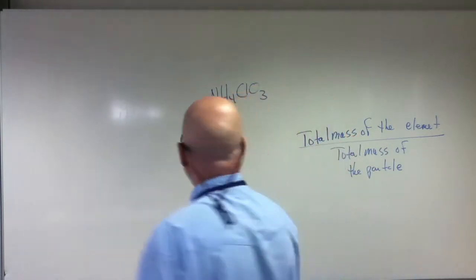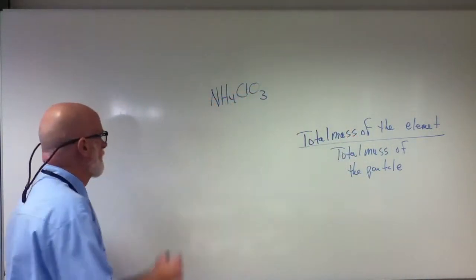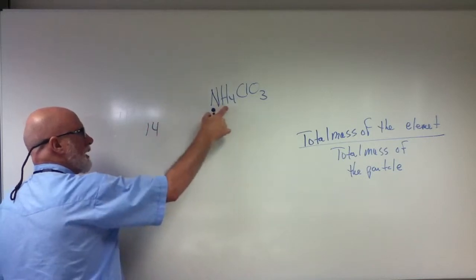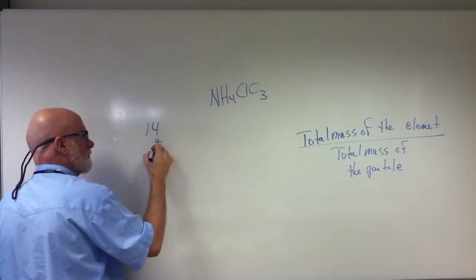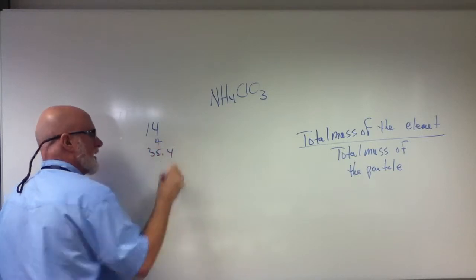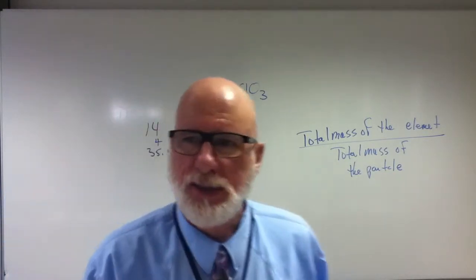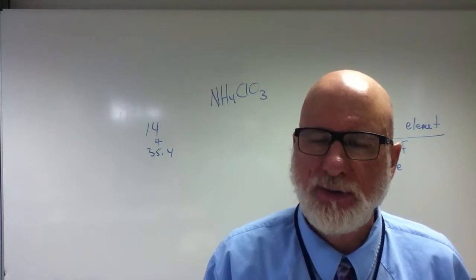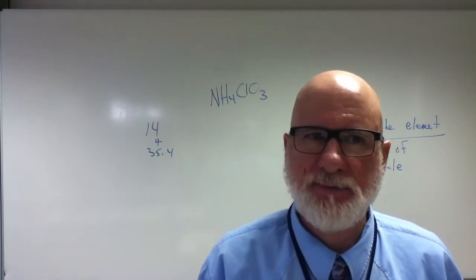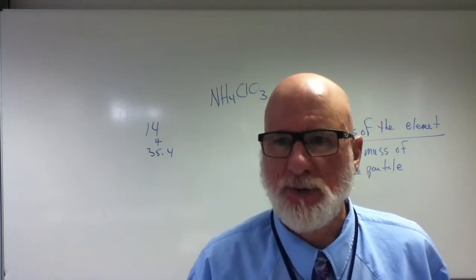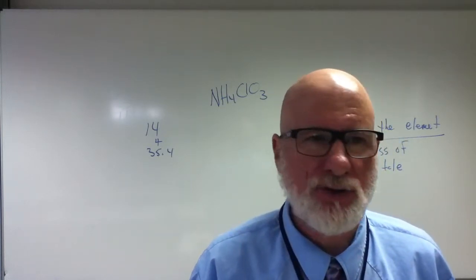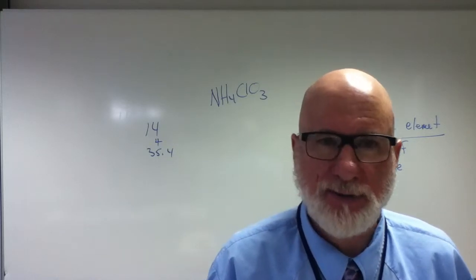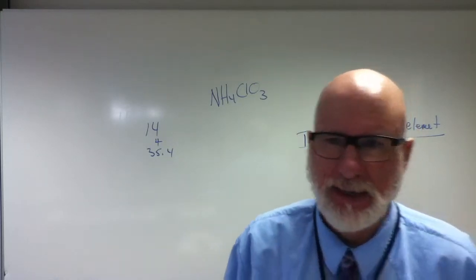What is nitrogen? 14. Hydrogen? 1, so that's 4. Chlorine? We'll say 35.4, and only because it's too much to round. I know I've said 35 before, but 35.4, that's one of the few common elements that it's good not to round, okay?